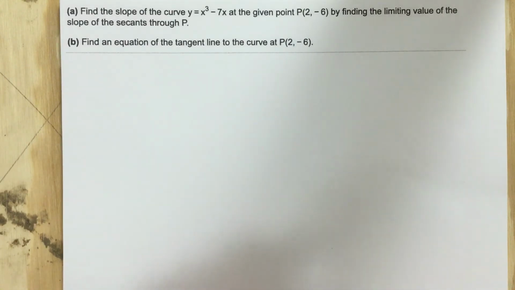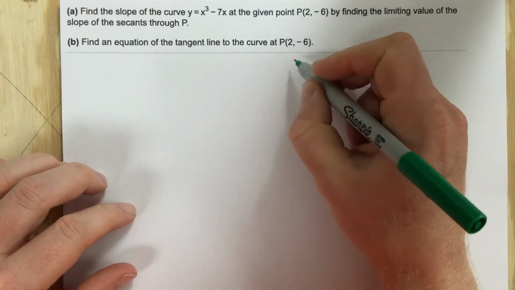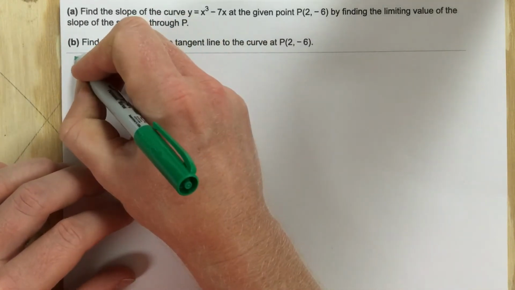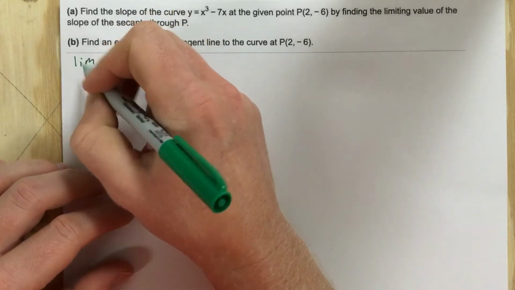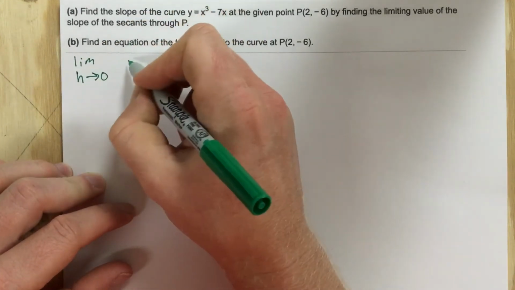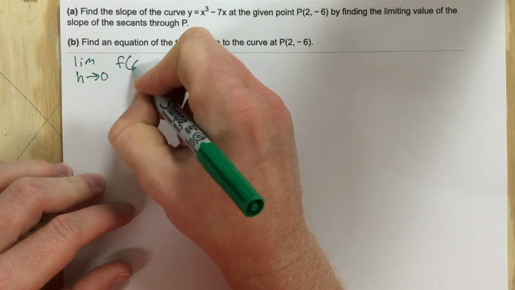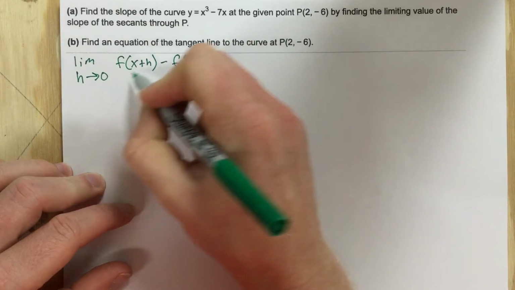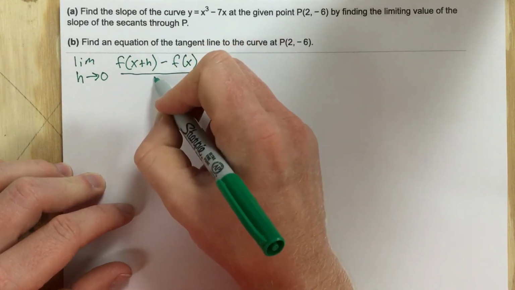So we're going to use the equation, the limit as h approaches 0 of f of x plus h minus f of x all over h.